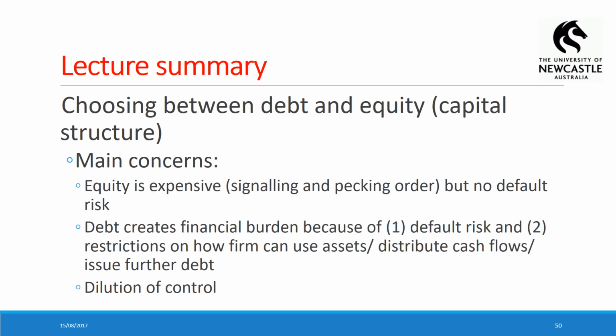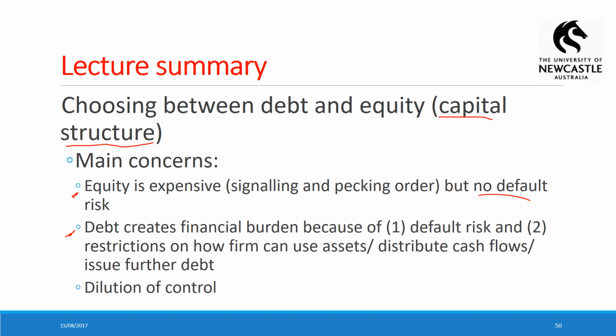Finally, we look at the consideration for the capital structure, yeah? So we discussed these issues before. With equity financing, it's expensive, but it has no default risk, yeah? With debt financing, the presence of debt increases the total default risk because it introduces the financial distress risk, right? Or the financing risk of the firm.